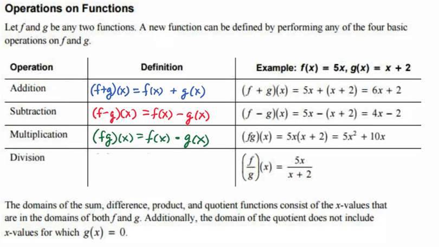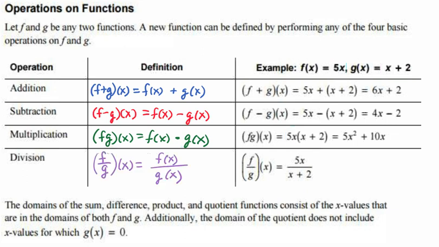Multiplication is no different. If we're going to be multiplying two functions together, we'll take the first function and then multiply it with our second function. So in our example, our f of x is right there, and it's being multiplied with our x plus 2 to get our 5x squared plus 10x answer.